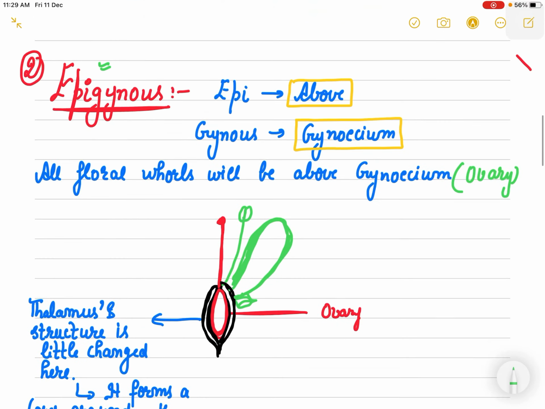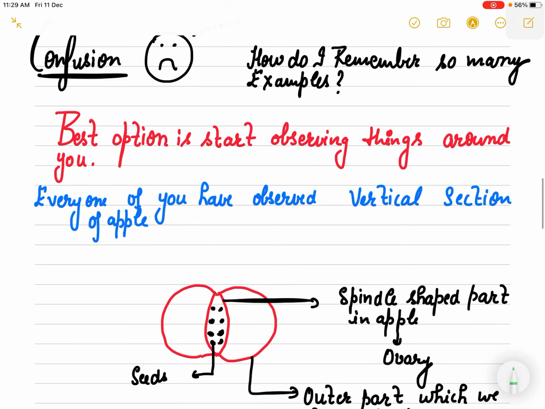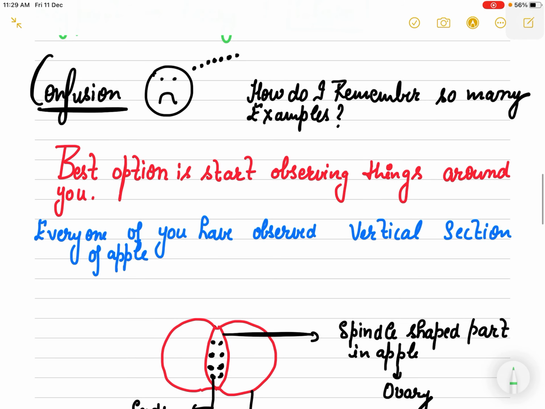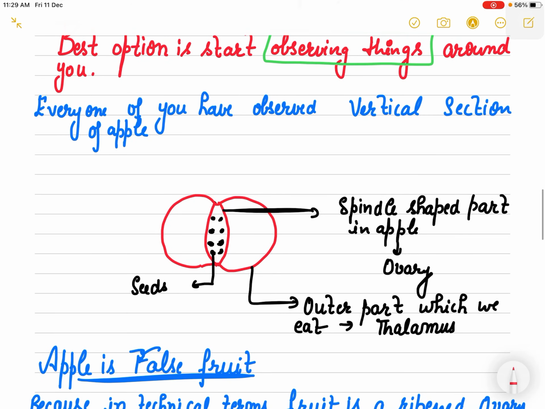But how do I remember that mustard is hypogynous, China rose is hypogynous, right? The only way to understand this chapter, to remember the things, the option is observe the things which are around you. Now I will give you two beautiful examples which you observe in your daily life, or you have observed them many times, but we do not know what kind of flower this is.